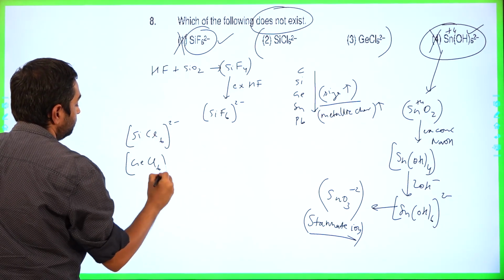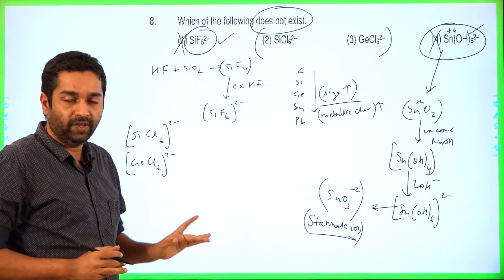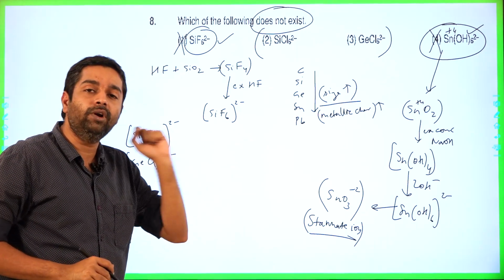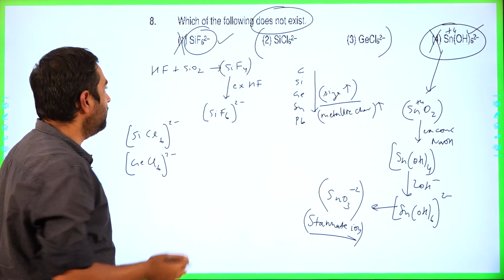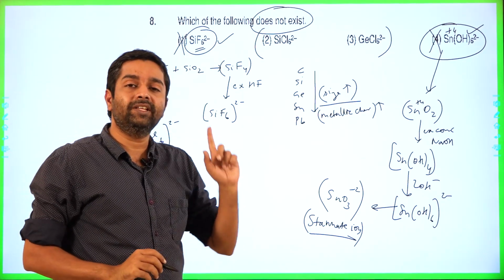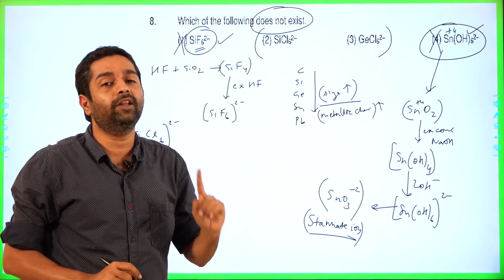When you want this kind of a scenario to form, the first issue is you should have enough space around the central metal atom to arrange 6 atoms. For instance, in this case, how is this capable of forming? There are 2 reasons why the SiF6 2- forms. First reason is F- is smaller in size.